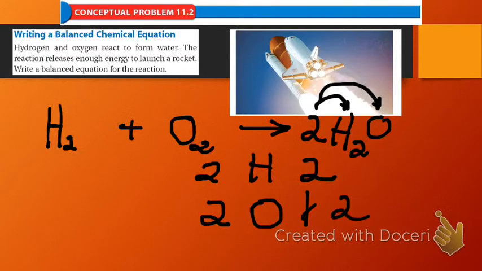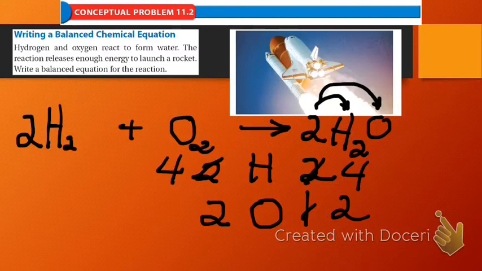Okay, oxygen looks good, but I have to go back and double check. Now on the right side, 2 times 2 for my hydrogen, I have 4 on the right, but on the left, I only have 2. So if I add a 2 coefficient on the left, now 2 times 2 is 4.